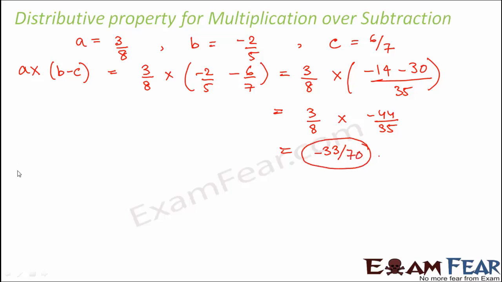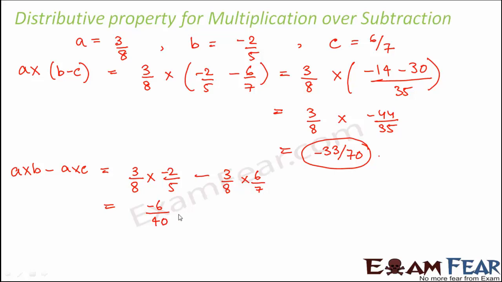So let us calculate the value of a into b minus a into c. So this would be 3 by 8 into minus 2 by 5 minus 3 by 8 into 6 by 7. So this value comes out to be minus 6 divided by 40 minus 18 divided by 56. So this comes out to be minus 3 divided by 20, because 2 3s is 6, 2 into 20 is 40.